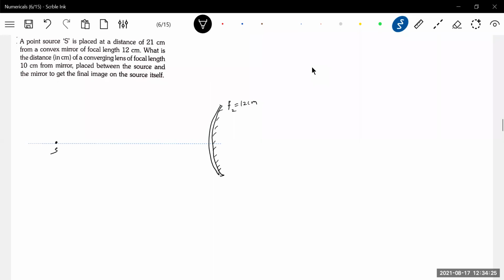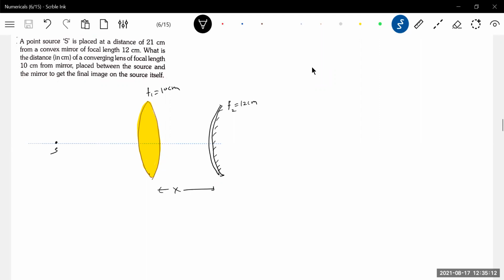Converging lens means it should be a convex lens only. From the mirror, we don't know the focal length of this, to get the final image on the source itself again. Okay, a little bit different conditions. You can see here now, the final image should be here only.